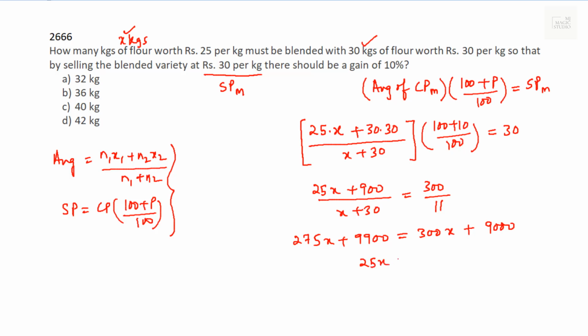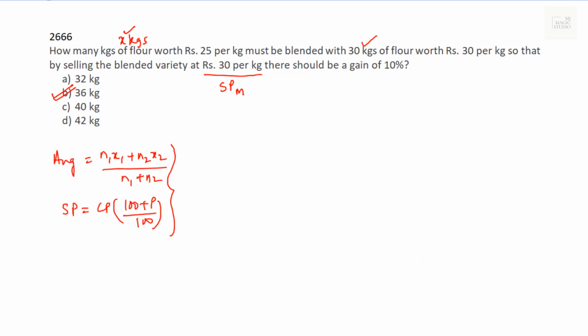So we have 25x equals 9900 minus 9000, that is 900. So x is 900 by 25, that is 36. So how much flour of type 1 to be used is 36 kg. Option B fits in.